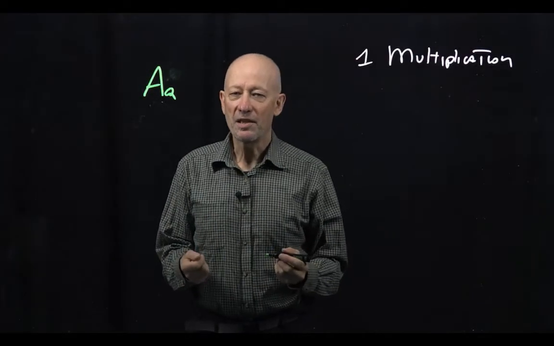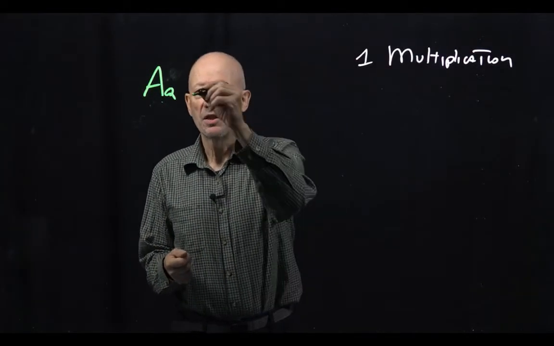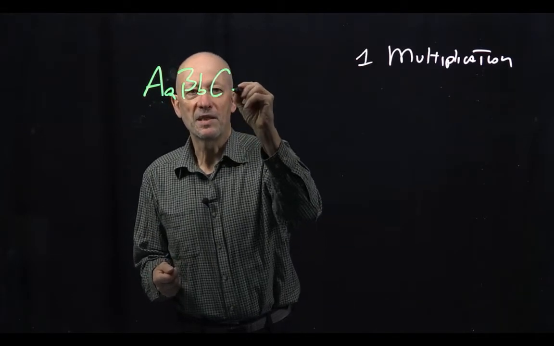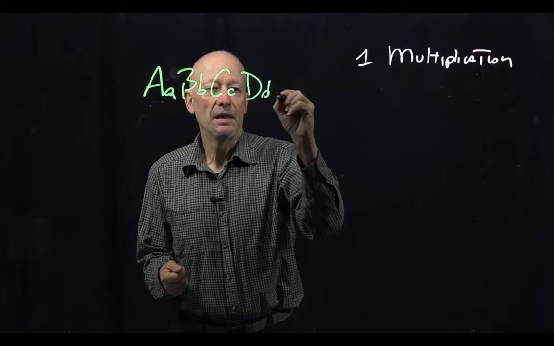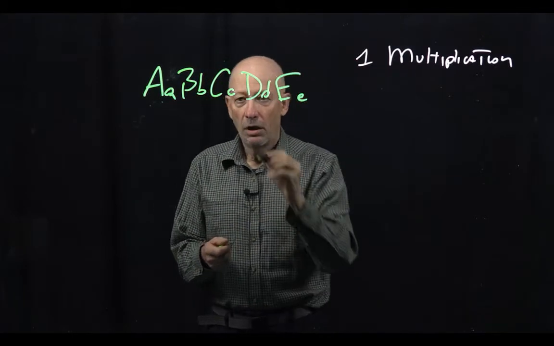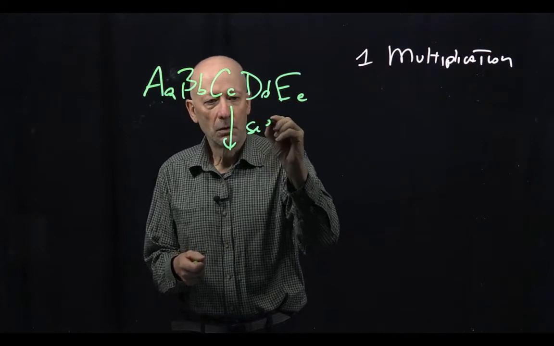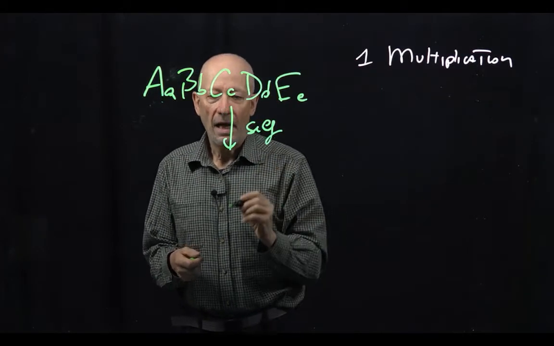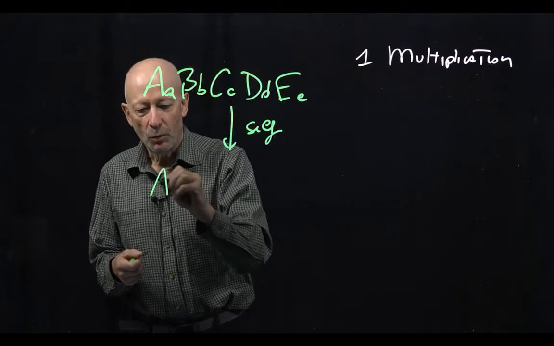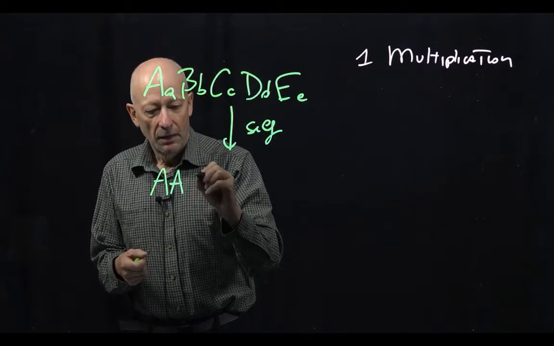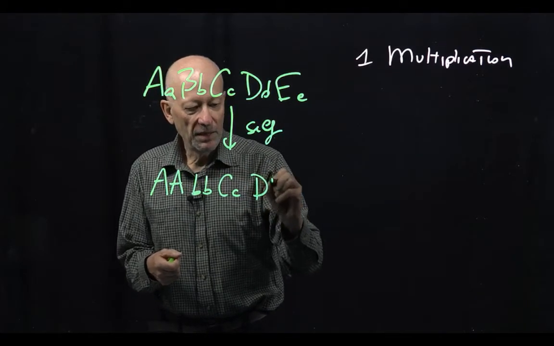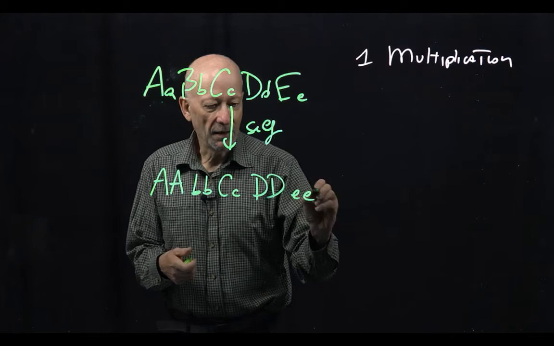Let's consider a case where we're looking at multiple genes, such as, for example, big A, big B, little b, big C, little c, big D, little d, and big E, little e. And now we are selfing this individual, and we're asking the question, what is the probability of getting an individual which is big A, little b, big C, little c, big D, and little e, little e?